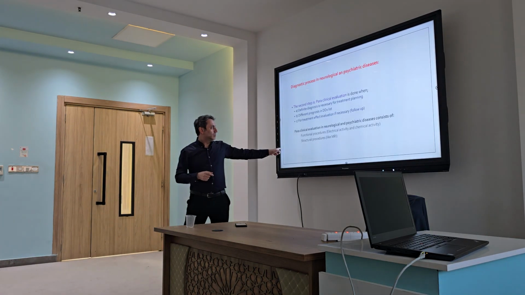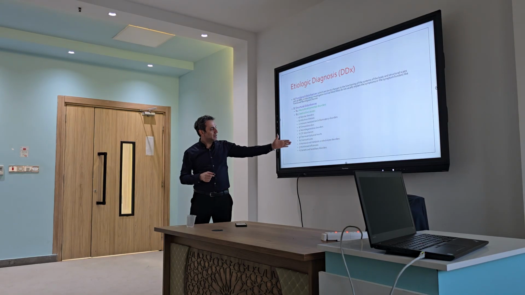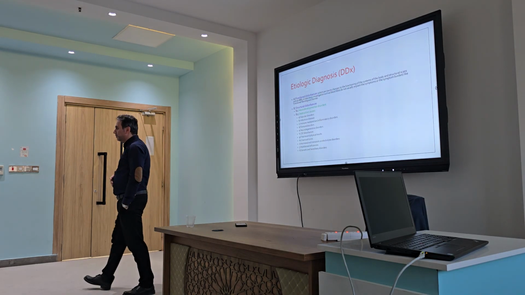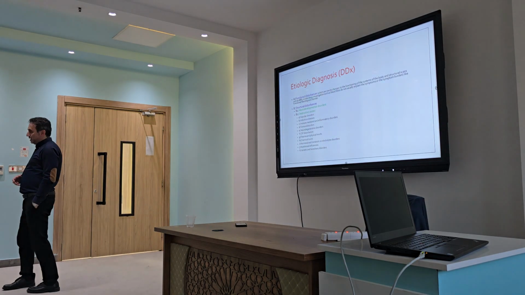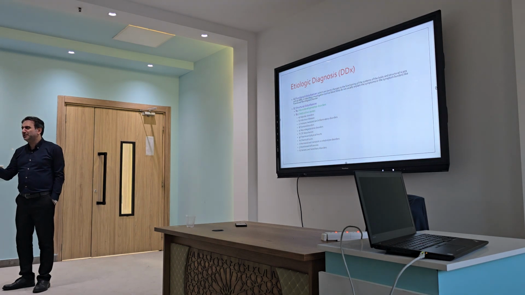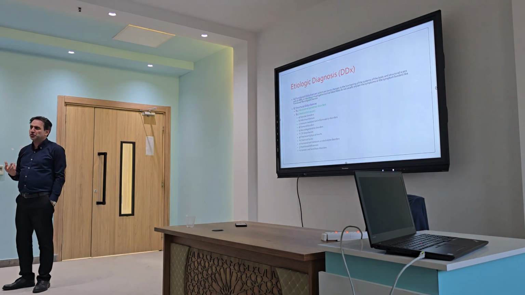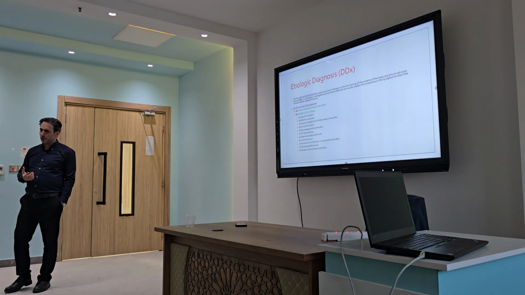You saw that we have different etiologies which can involve the nervous system. For example, the patient has some behavioral disorders, meaning you have a problem in the prefrontal region.